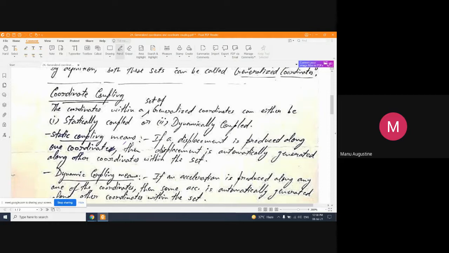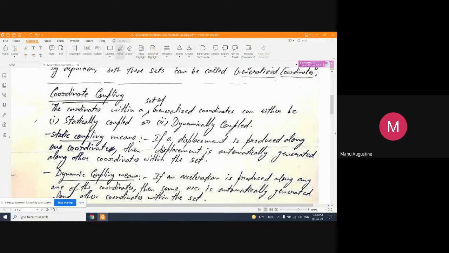Coupling can be found in pipings, wiring, and all. Coupling means basically joining together. So anything which is joined to another thing or dependent on another thing, or in a mathematical sense, which becomes a function of some other variable, you can in general say that they are somehow coupled to each other.